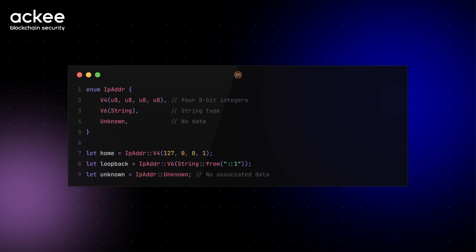For the v6, we have the string within the variant, and for the last one on line 9, where the variable is called unknown, we just specify that we want this variant from the enum, and then there is no associated data for that variant, or there is not any additional data stored within the variant.